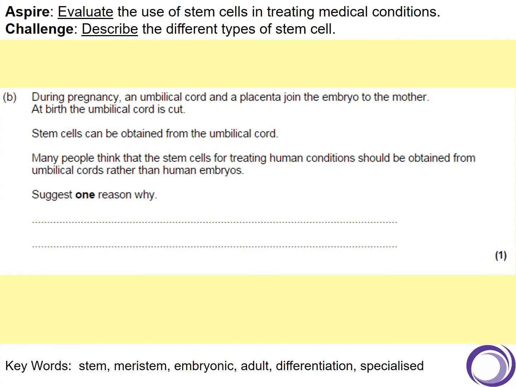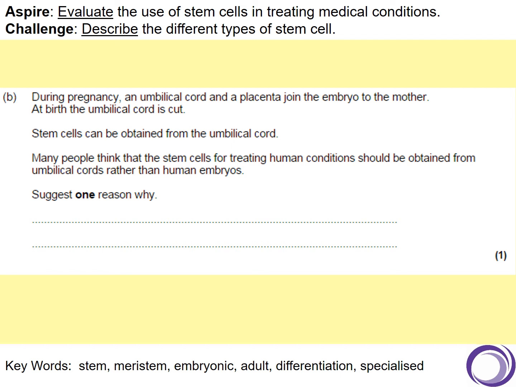And the following question says, during pregnancy, an umbilical cord and a placenta join the embryo to the mother. So that's the cord that then goes to the placenta, which helps to feed and give oxygen to the fetus in there. Stem cells can be obtained from the umbilical cord.